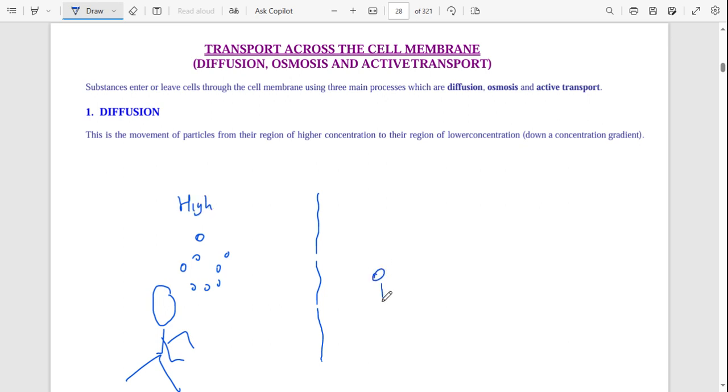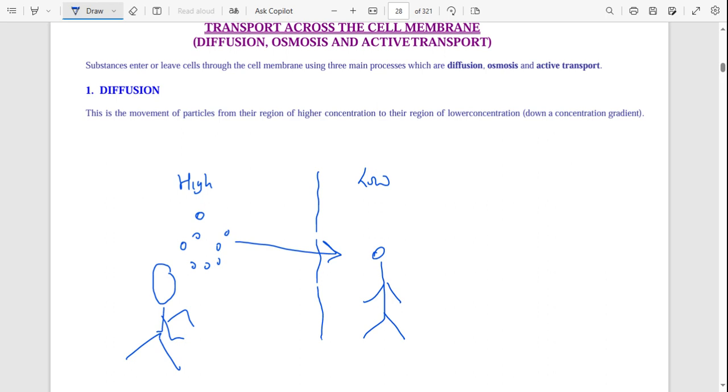So it will go to another person here who didn't apply that perfume, so the perfume concentration is low. So the perfume will be felt by this one by diffusion. Diffusion is the movement of particles from a region of high concentration to a region of low concentration down a concentration gradient. So it is flowing from high to low, down a concentration gradient.